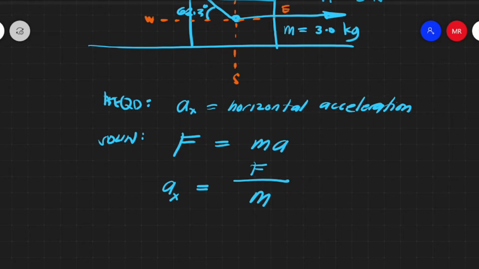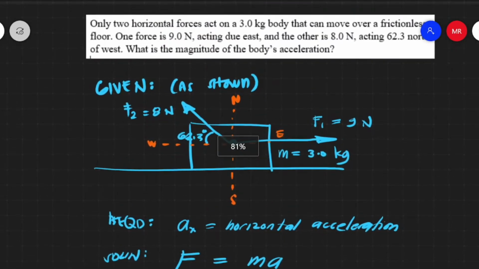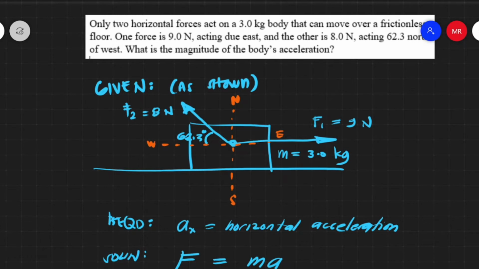So at this point, we are looking for acceleration x. Therefore, what we will just be considering is the forces acting on the x-axis. If we look at our figure, what are the forces acting on the x-axis? The forces acting on the x-axis are F1, of course, going east, 9 newtons, and the x-component of F2.